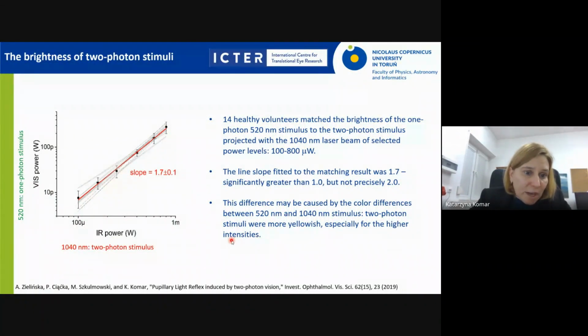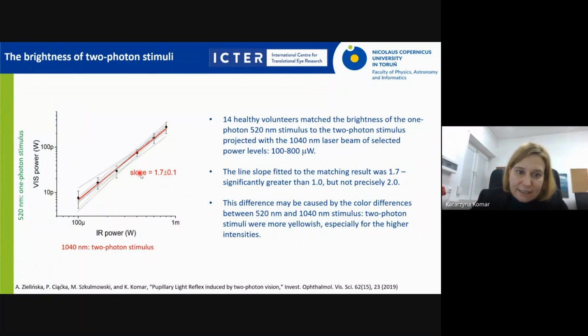We also asked them to match the intensity of this 520 nanometer beam to the intensity of the infrared beam, to have the same or very similar brightness of both. And then when we plotted the results, also on log-log scale, we found that the slope was 1.7.